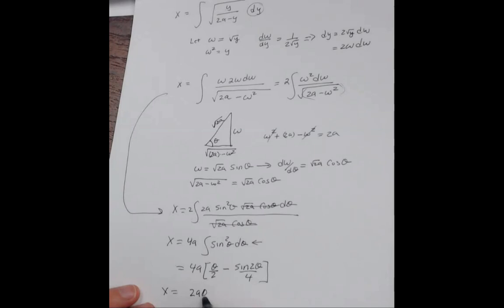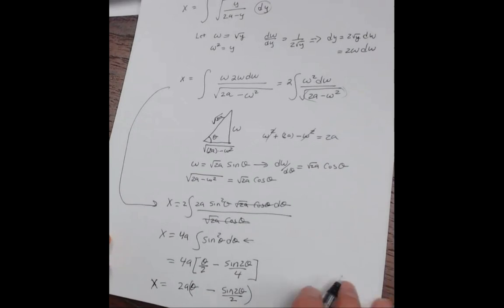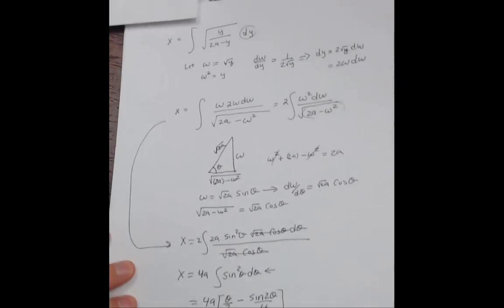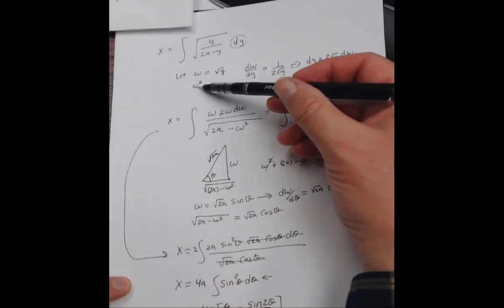2a theta minus, the 4's will cancel here, but I'm going to leave 2a out here so that I'll have sine 2 theta over 2. So that is my x. And then if you go back to figure out what y would be, we would get y equals, go back up and look up here, y equals w squared.